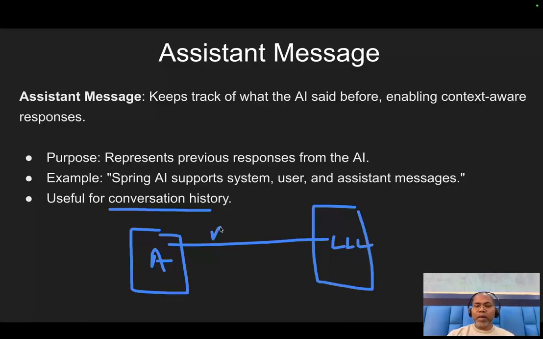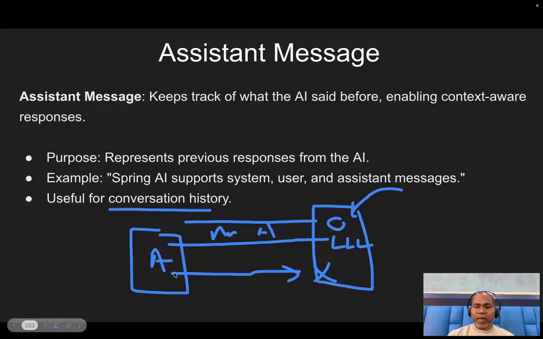So let's say your application tells the LLM, hey, my name is John. Again, you ask, what is my name? It might say, you don't know, because the LLM is stateless. You ask one question, hey, my name is John, and it replies, hi John, how are you? Great. Again you ask, what is my name?